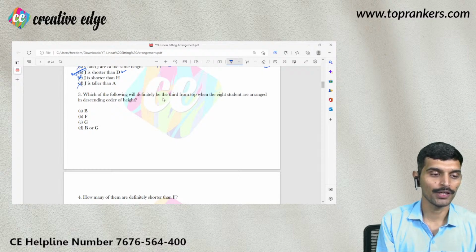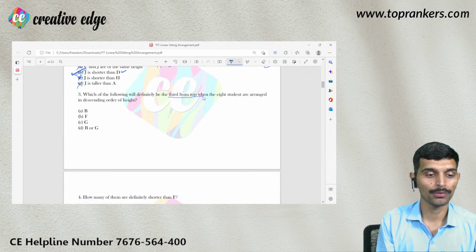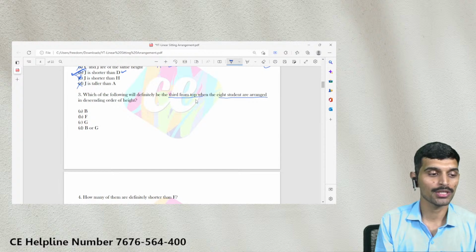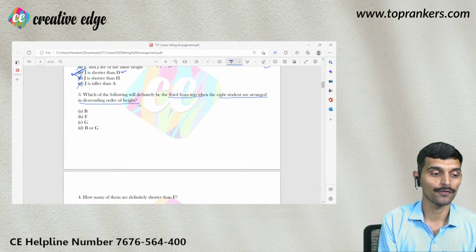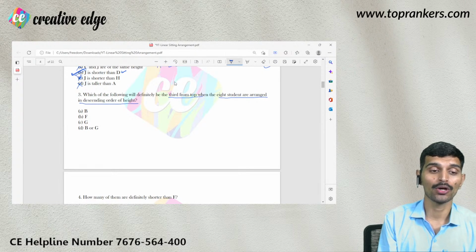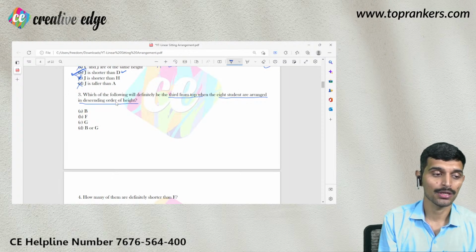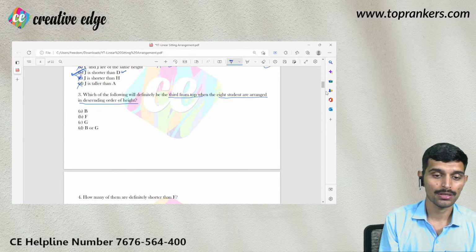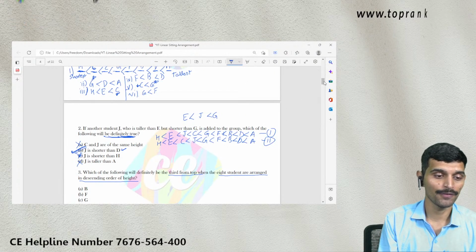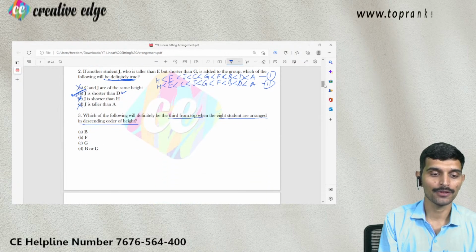Which of the following will definitely be third from top when 8 students are arranged in descending order of height? Descending. What we arranged earlier was ascending, increasing order of height. Descending order is decreasing order of height. So according to this, who will be at position number one? A at position one.